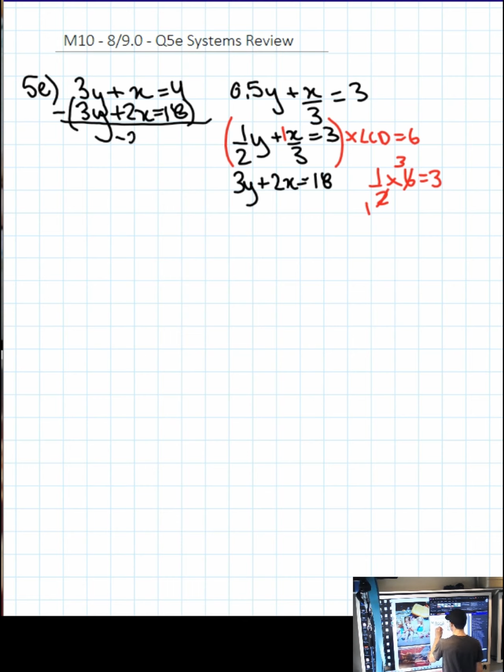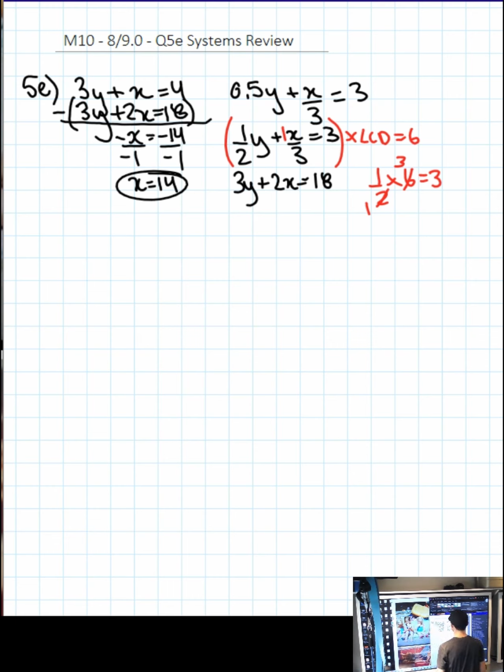And 4 minus 18 is negative 14. Divide both sides by negative 1, and we get x equals 14. Circle our answer.